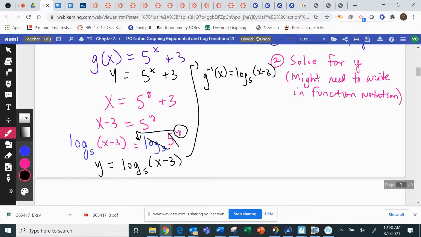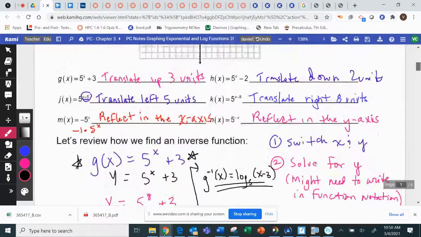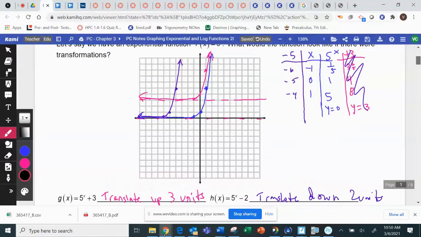Today we're going to graph these. All right, but the graphing part is easier than you may think. This is the one I graphed above, right? So those ordered pairs, I'm just going to copy.